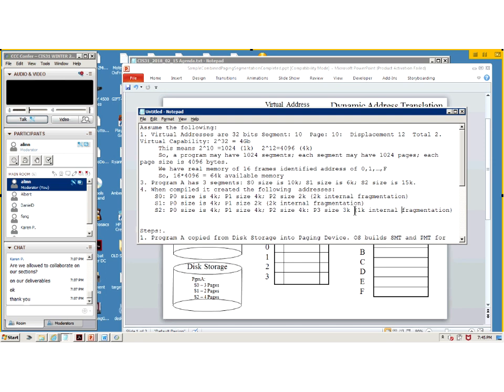And then 1K is internal fragmentation. So that's what's in these pages right here, a program that is 15K in length when it was compiled. Now it's a little bit longer in length because of its page size.